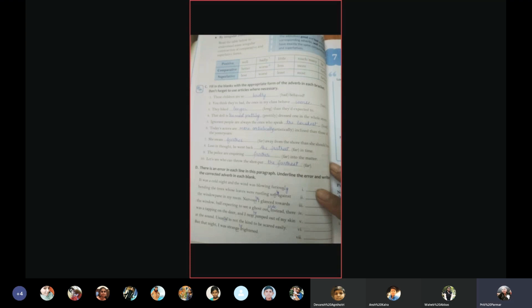Coming to the D exercise, now here you have to look for an error. You have to mend it and correct it, make it into an adverb. Now you are supposed to do it on the blank side which is given to you, but I have done it here only. This you'll do in the book only. It was a cold night and the wind was blowing furiously.